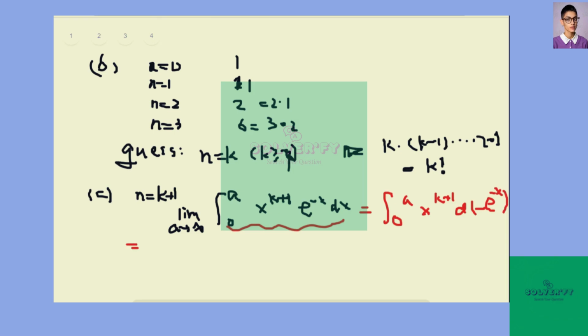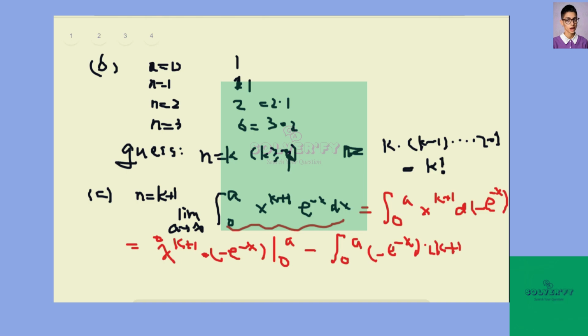This is equal to x to the power k plus 1 times negative e^(-x) from 0 to A minus the integral from 0 to A of negative e^(-x) times (k plus 1) x to the power k dx.